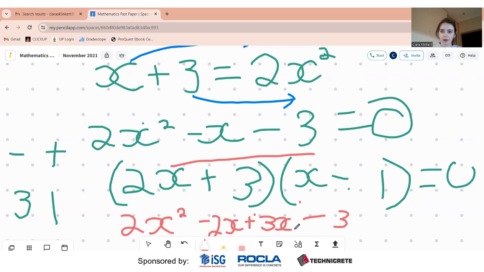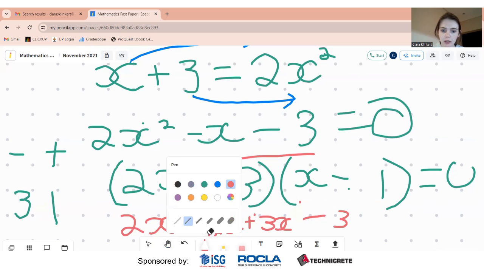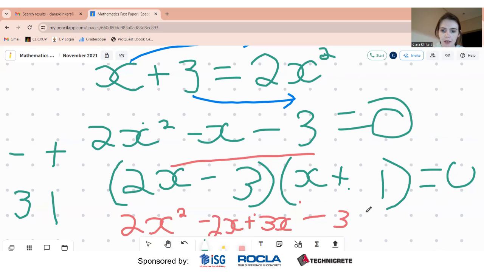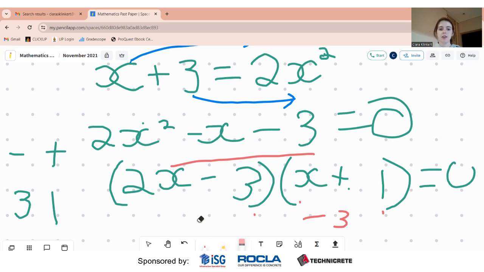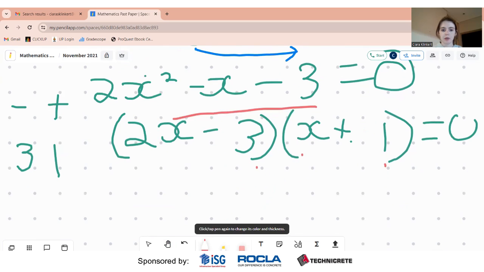I can see I'm very close to factorizing this expression. So let me swap the signs around. Now I will get a middle term of plus 2x minus 3x, and that will become -x, which I need. Now that I've factorized this rather tricky trinomial expression, I'm going to split and solve.